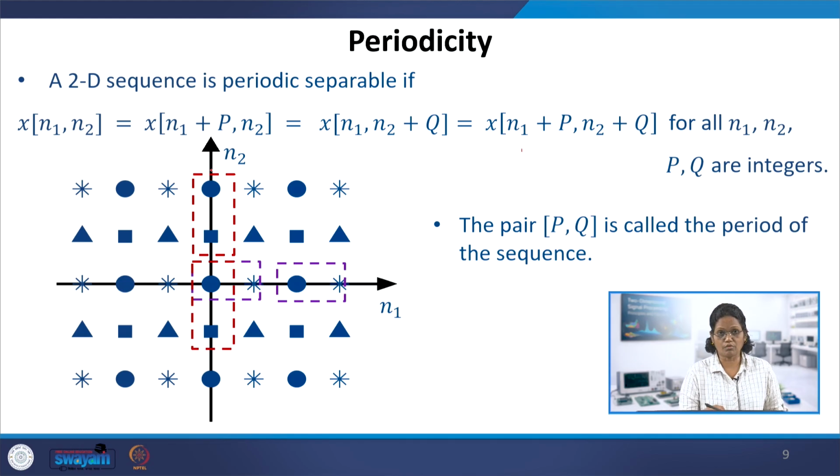So this is column-wise. This is valid for every column and every row. If you take this row, these 2 are repeating, and if you take this column, these 2 are repeating again. So P and Q are 2 here, P equal to 2 and Q equal to 2. So the periodicity is 2 by 2. If only row-wise, P is 2, and similarly in column-wise, Q is 2. If you combine both row-wise and column-wise, it would appear in this fashion.